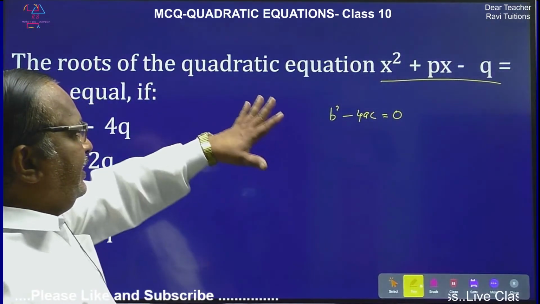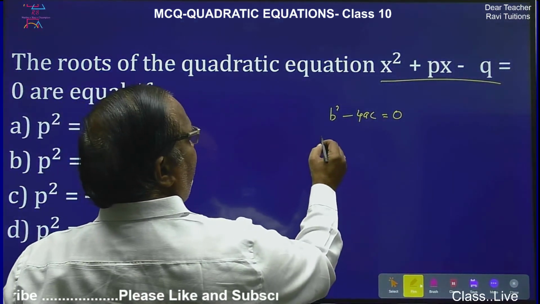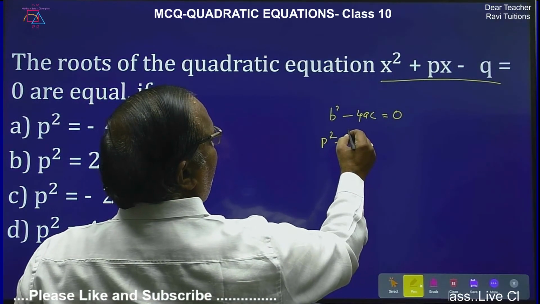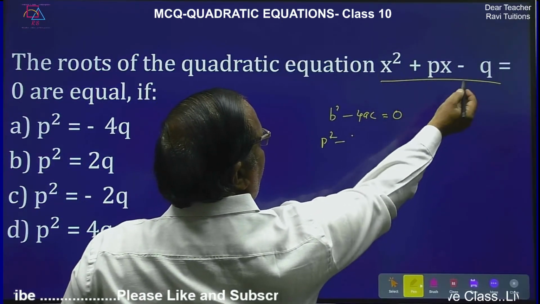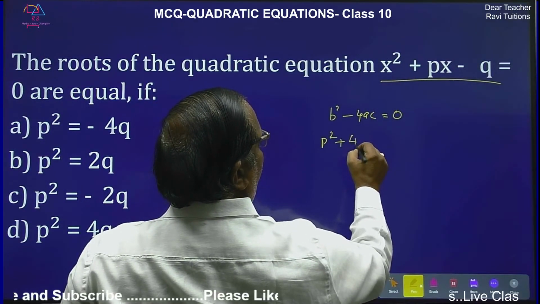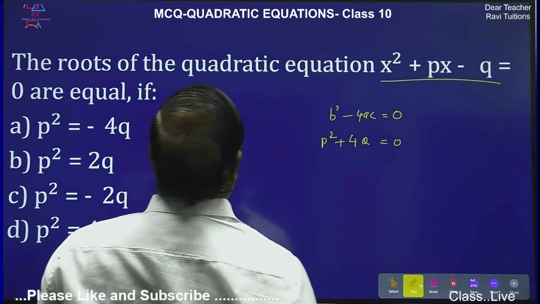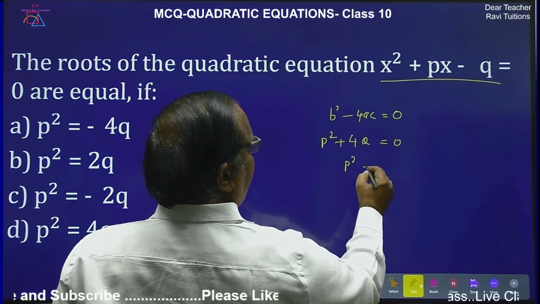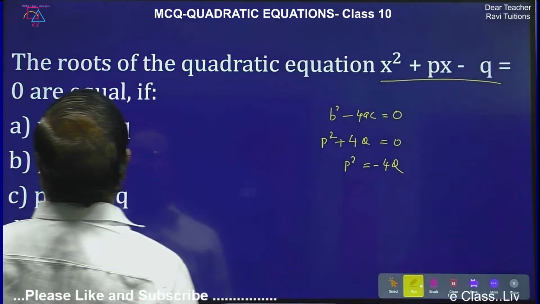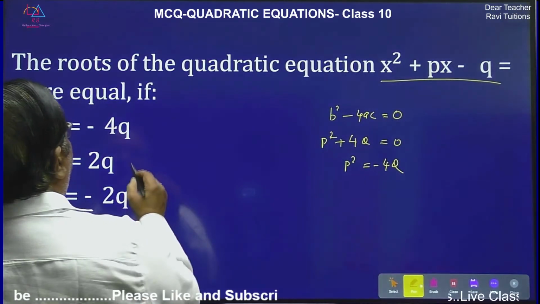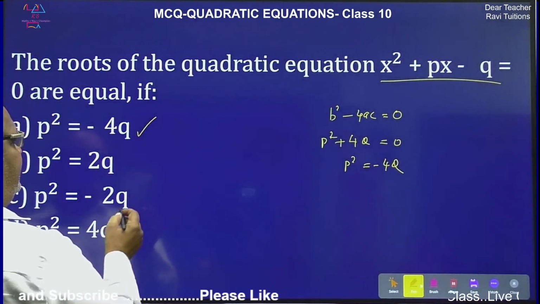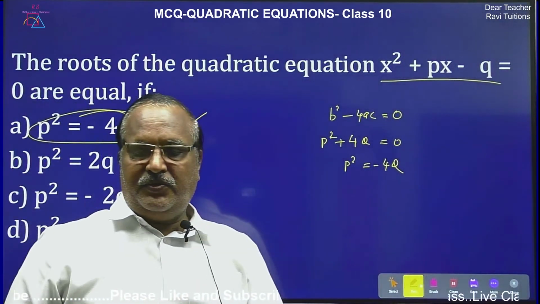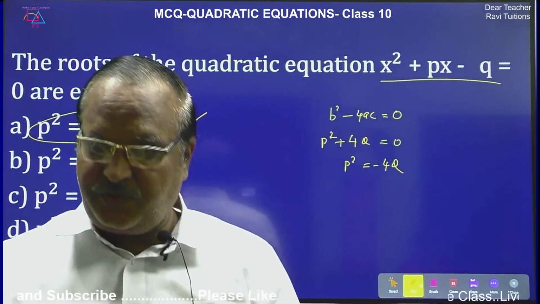So you put the values and then you will get the condition. b is p, so p square minus 4 into 1, 4 into minus q, this will become 4q, is equal to 0. Okay, now in all the options p square is there, send 4q that side. p square is equal to minus 4q. So p square is equal to minus 4q is there, so this is the answer. Okay. So let us go to another question also.